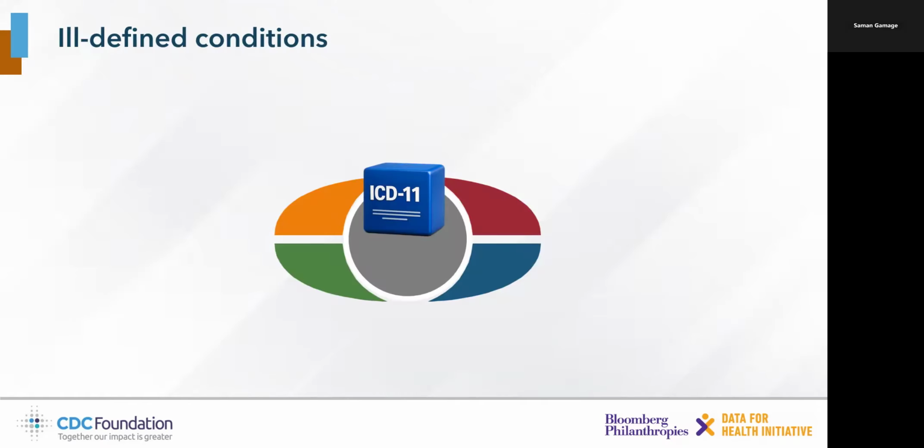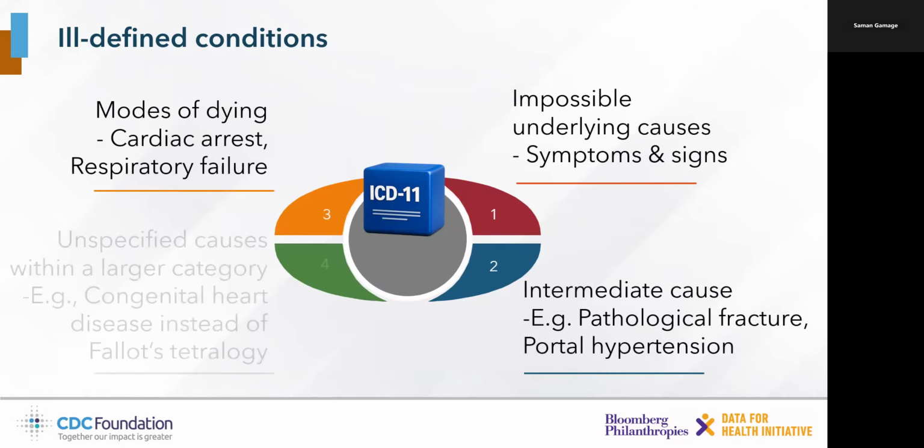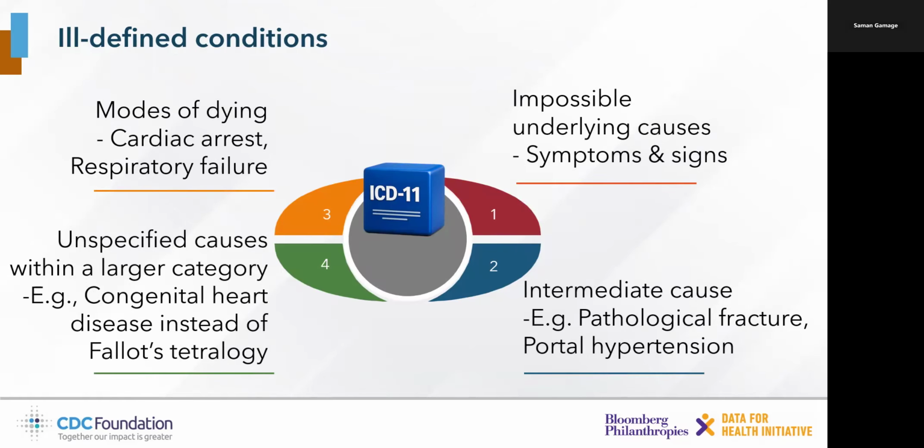When we report causes of death in the death certificates, we should know about ill-defined conditions. There are modes of dying such as cardiac arrest and respiratory failure. There are some impossible underlying causes such as symptoms and signs. There are unspecified causes within a larger category, for example, congenital heart disease.